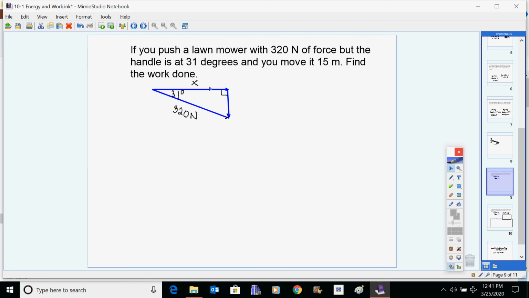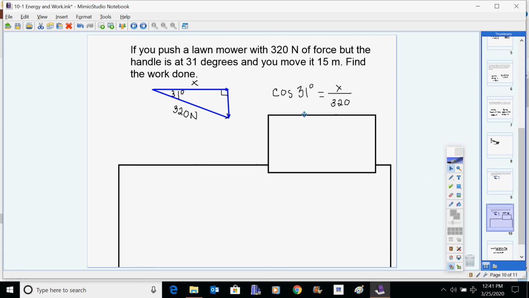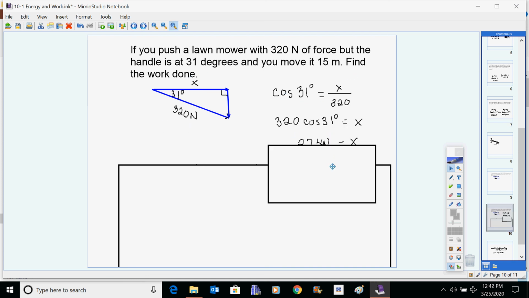So how much work was done is only going to consider the x component of that work. So remember sine, cosine, tangent. Cosine is adjacent over hypotenuse, just like we've been doing. We've done this so many times. Adjacent over hypotenuse, cosine of 31, x over 320 newtons.